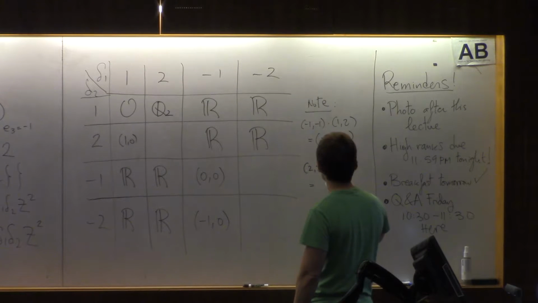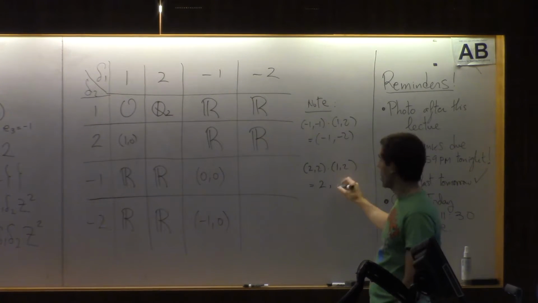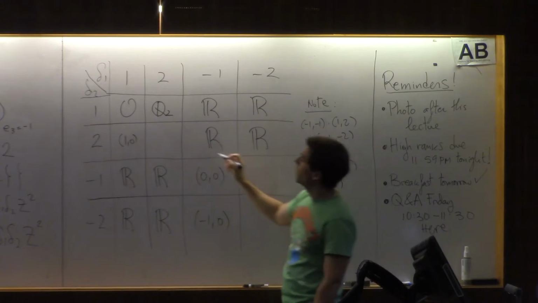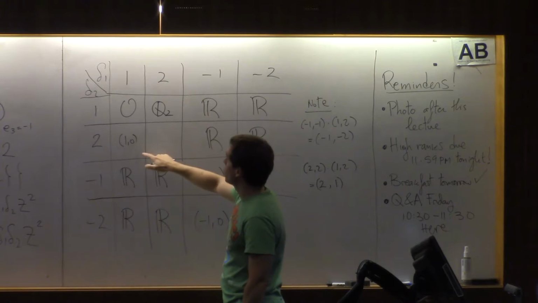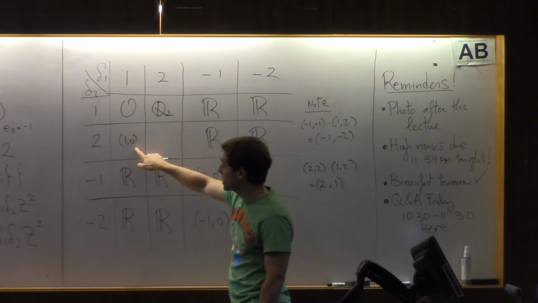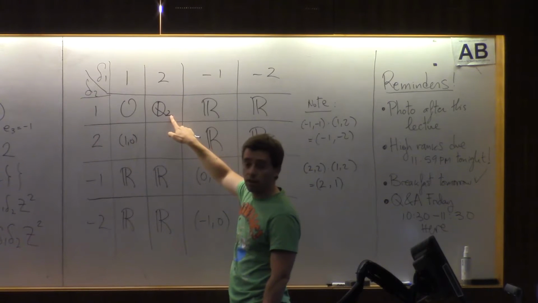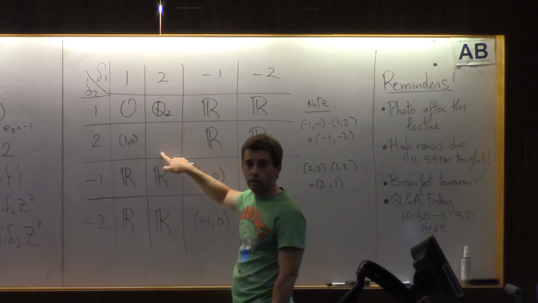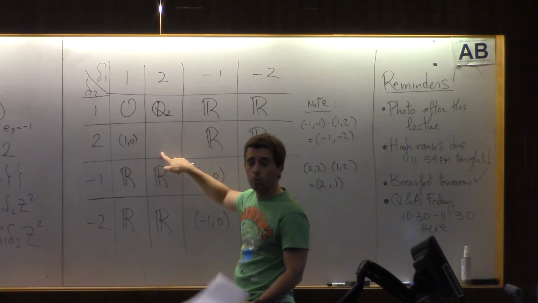That's (2, 2 times 2 is 4), I get (2, 1), right? That is this one. So if this has a point and this has a point, then I could multiply and get a point here. But there is no point here, so there shouldn't be a point here either. And that is all a homomorphism argument.